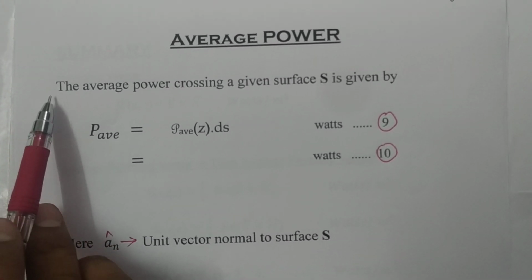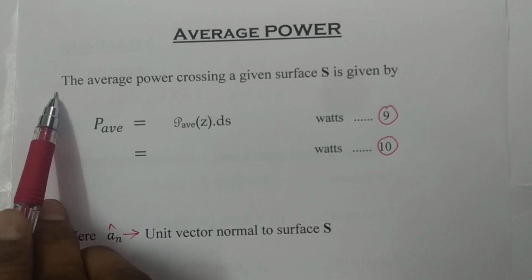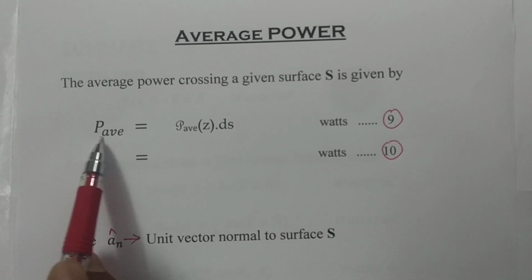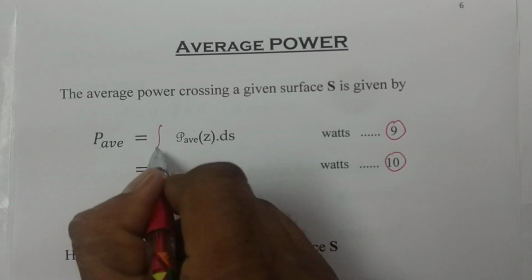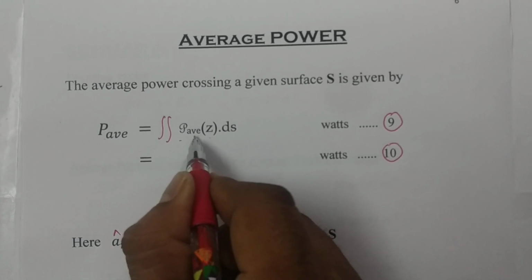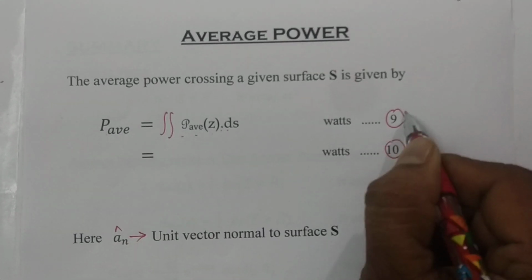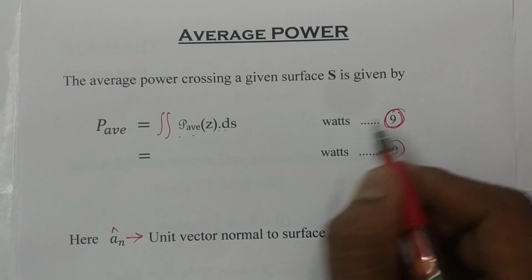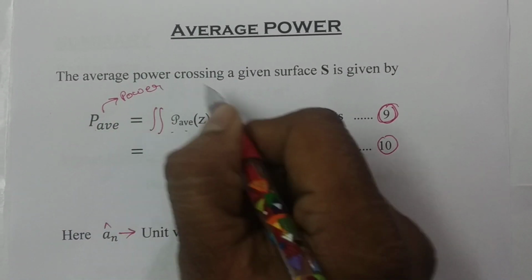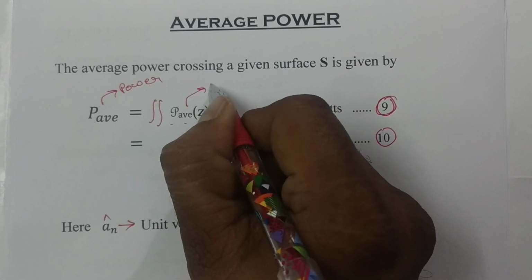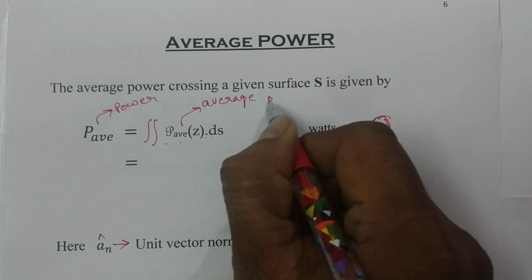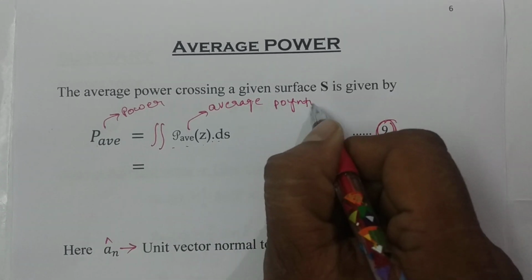Average power. The average power crossing a given surface S is given by P average is equal to surface integral of P average of z dot dS, given by equation number 9. Here P average is the power, P average of z is the average Poynting vector.